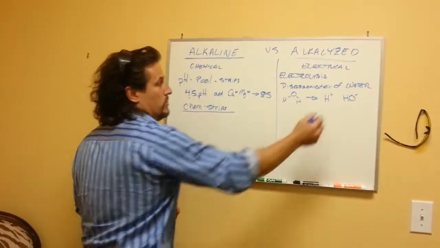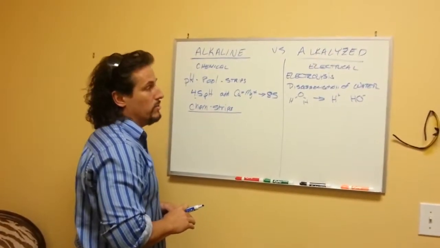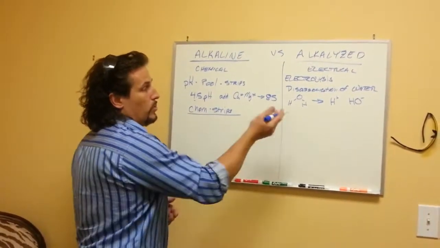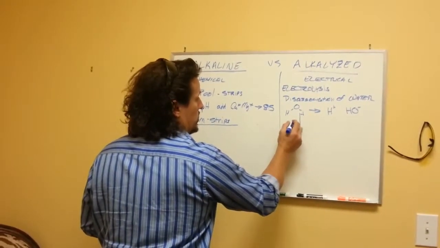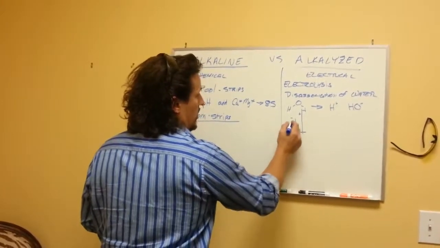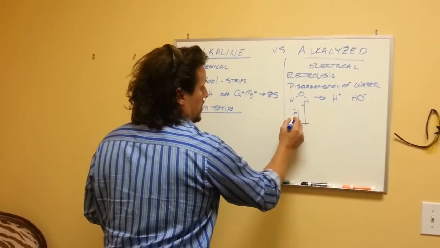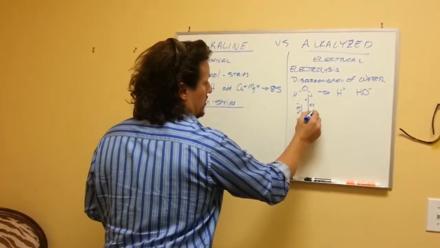The hydroxyl gives you a free electron that you can use to be a free radical scavenger. But when this process happens, basically there's an array which has a negative side and a positive side. This will attract the hydrogen ions. The hydroxyls will come over here.